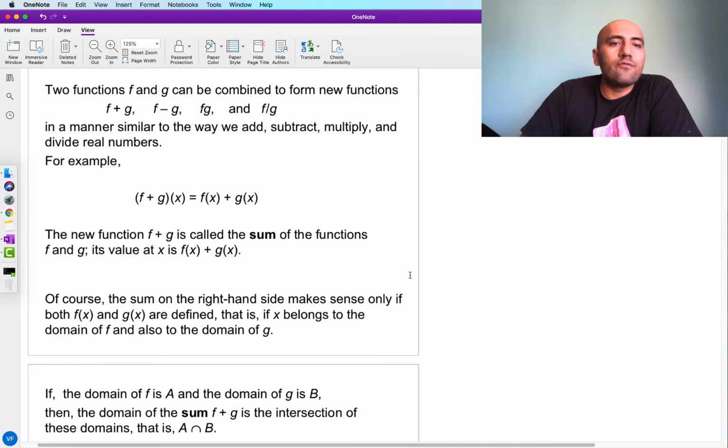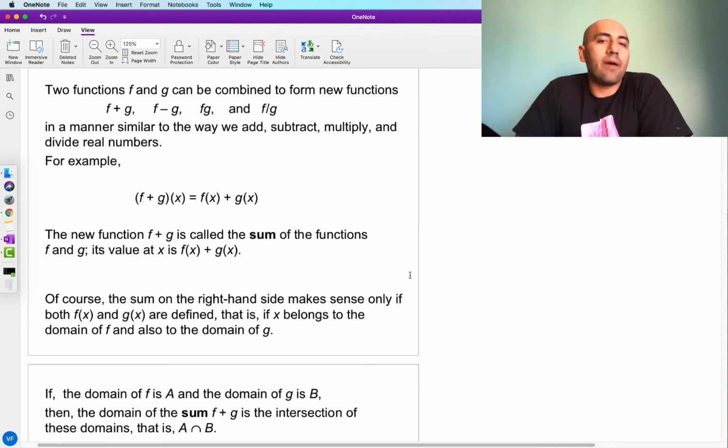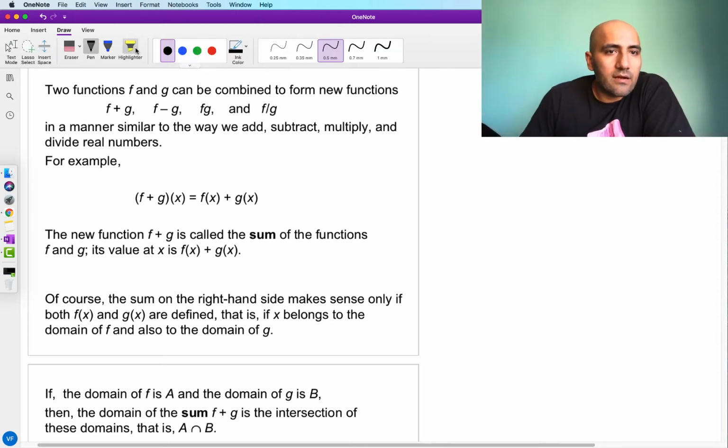So two functions, f and g, can be combined to form a new function, which we can identify as f plus g, f minus g, f times g, and f divided by g in this way. So this is, I think, a common source of mistakes here.